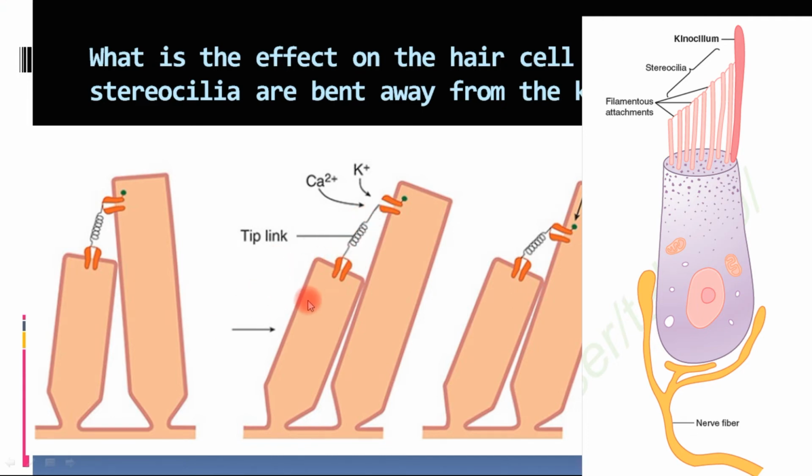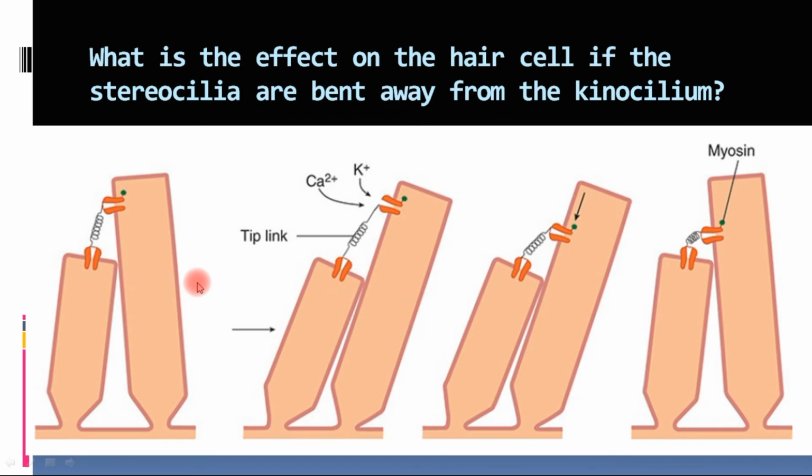When the stereocilia bend towards the kinocilium, it results in depolarization, whereas when the stereocilia bend away from the kinocilium, it leads to hyperpolarization. Remember, there is a tonic discharge at the resting state. Whenever the stereocilia bend towards the kinocilium, the frequency of the tonic discharge increases because of depolarization.